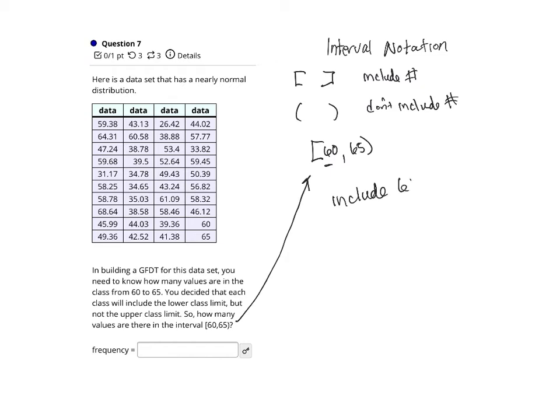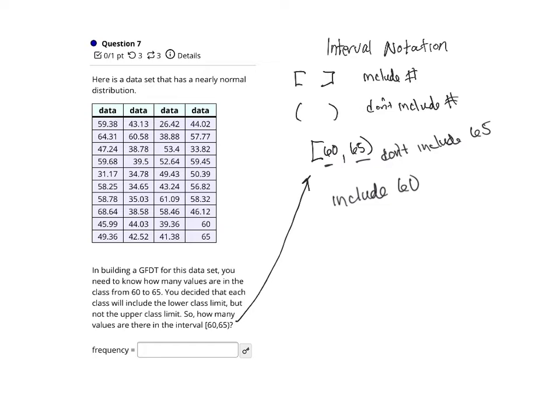So anywhere we see 60, we're going to count it. When it has parentheses, like right here, don't include the 65. So 65 is the limit. Don't include 65. Up to 65, 64.99 you would include, but 65 you wouldn't.